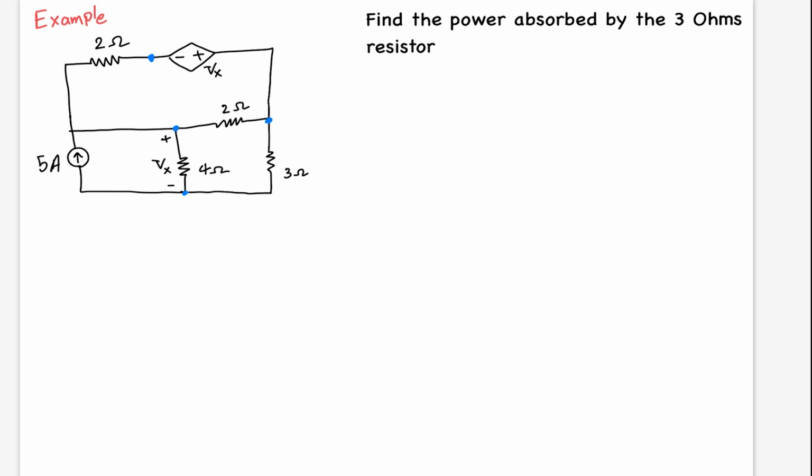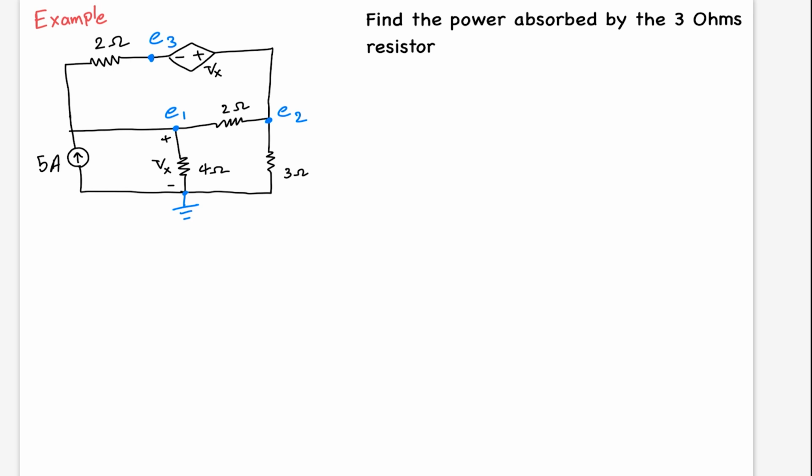Therefore, we need to also choose one of them as a reference node. If we choose this one as a reference node, it would be much easier to deal with this example. And let's label them E1, E2, and E3.